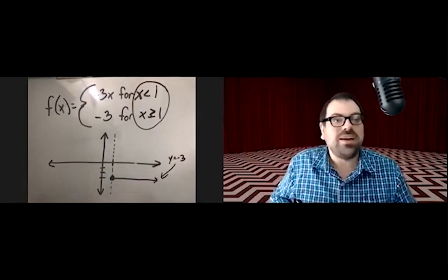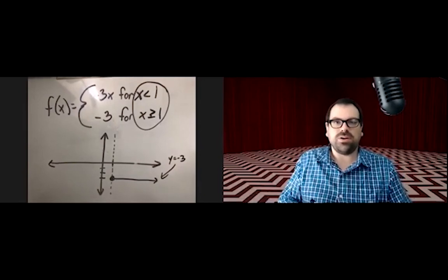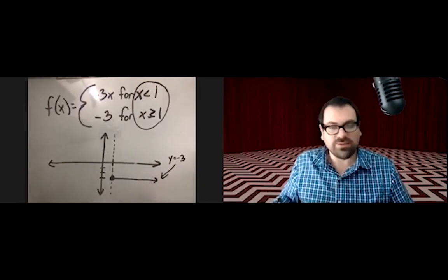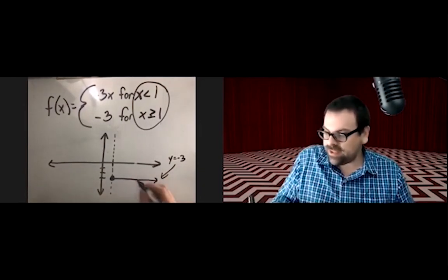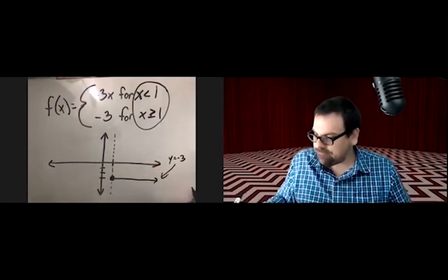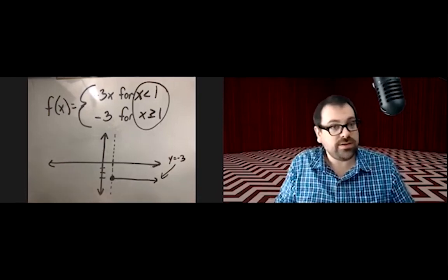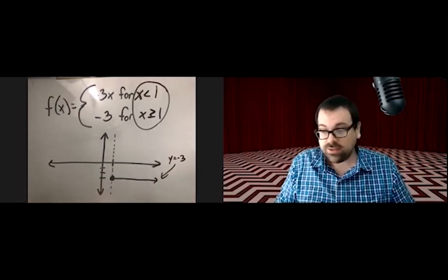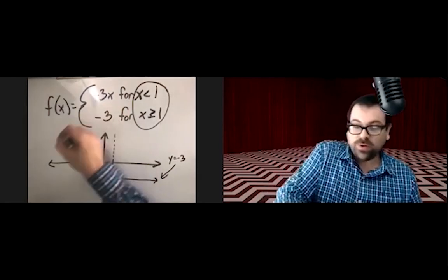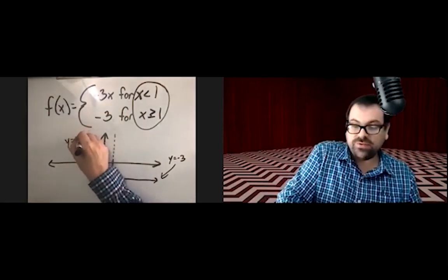Why do we need to know how to graph lines? Well, part of this is knowing how to graph lines. We did this in the last unit. So what about this side of the dotted line? Well, over on this side, we're going to have y equals -3x.